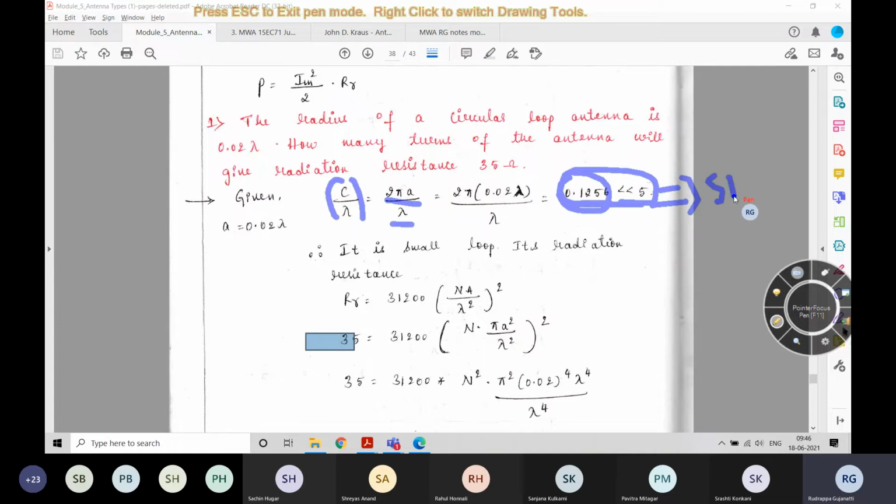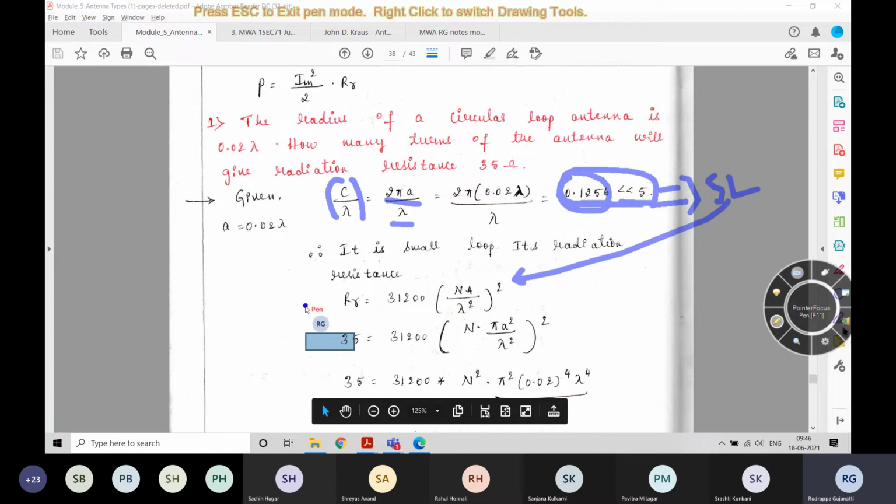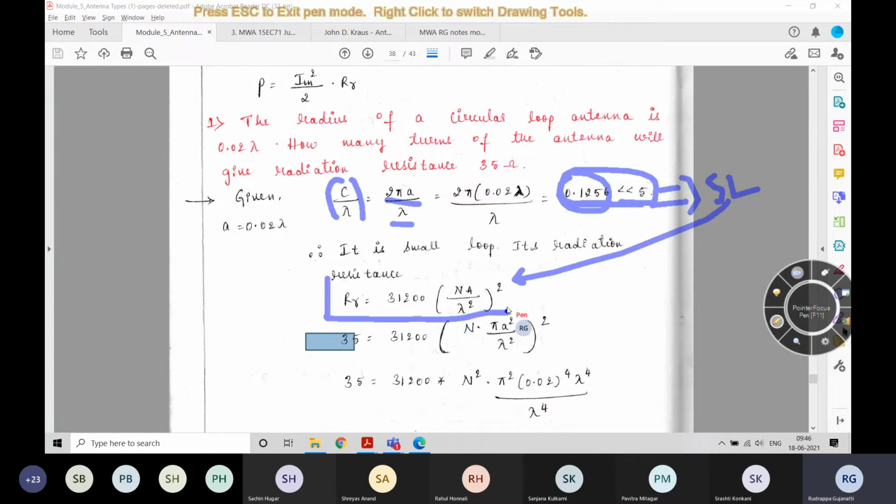So what does this imply? This implies that the loop is a small loop. So what is the radiation resistance of a small loop? It is given by this equation, where R_R is equal to 31,200 times (A N divided by lambda square) whole square. Now, the main case is I have to identify how many turns are required.